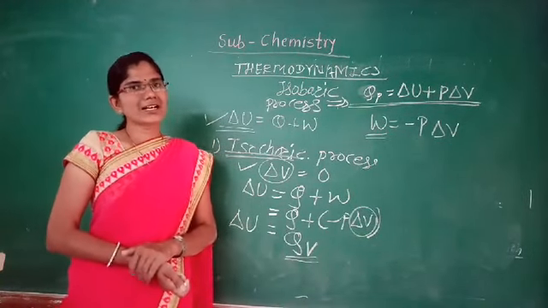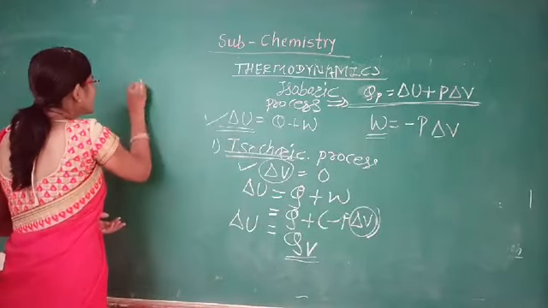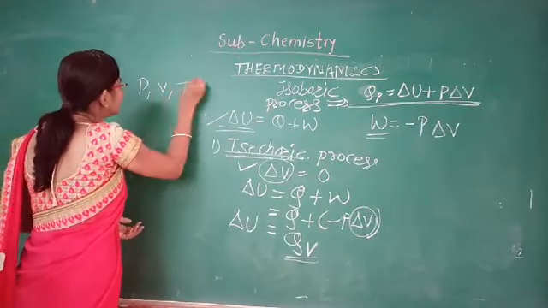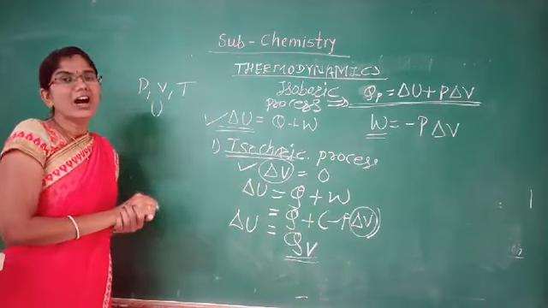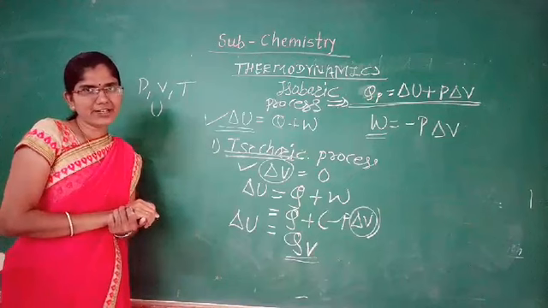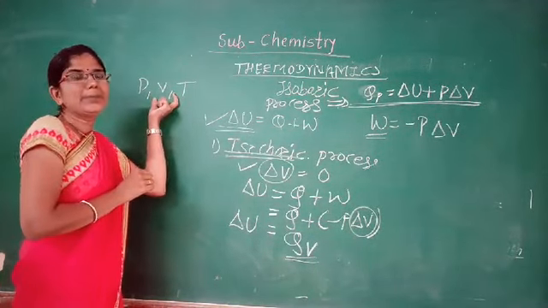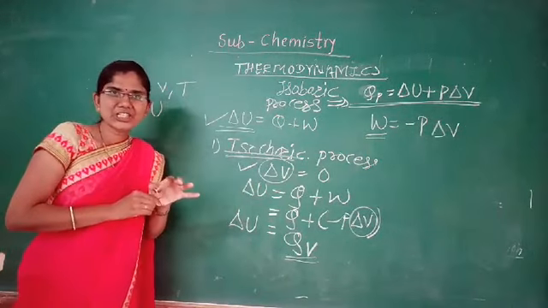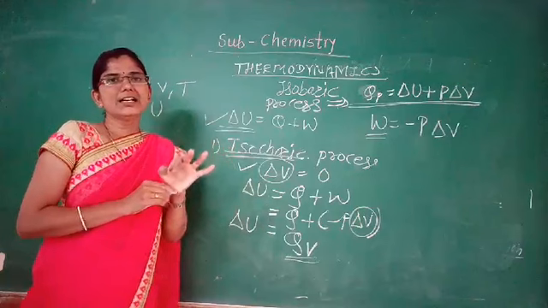Those properties are called state functions. So we have seen pressure, volume, temperature, and now the internal energy. All these are state functions, meaning the value of these properties depends only on the initial state and the final state of the system.